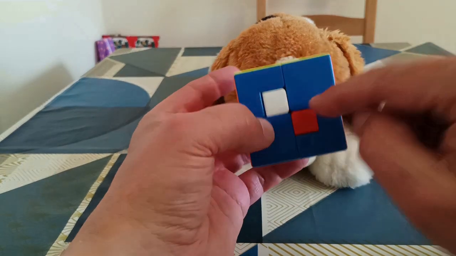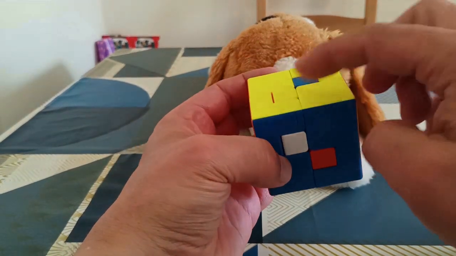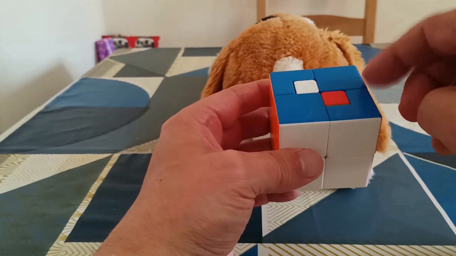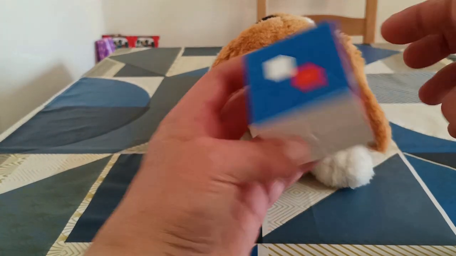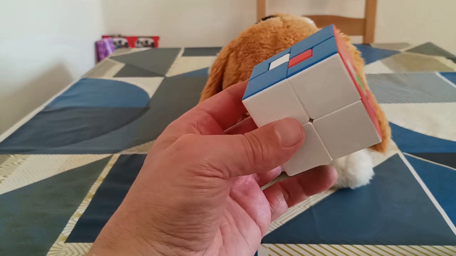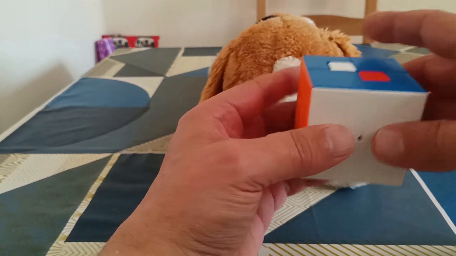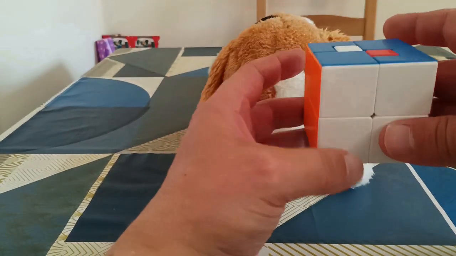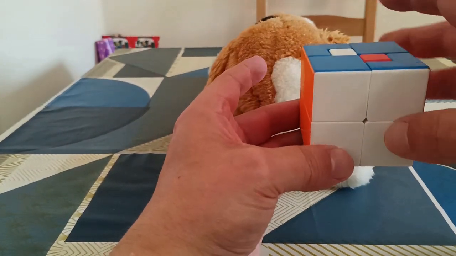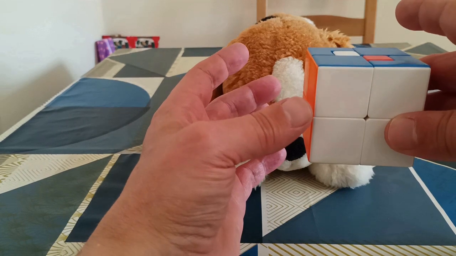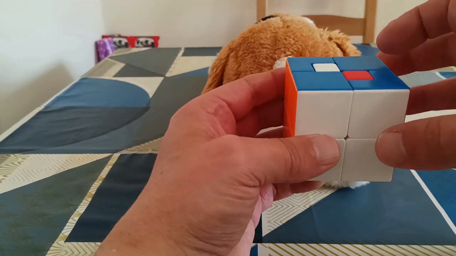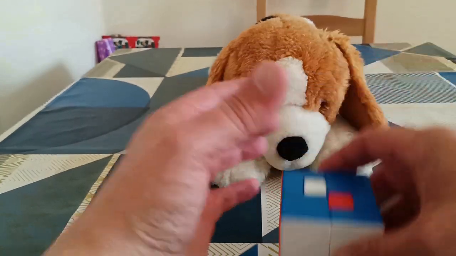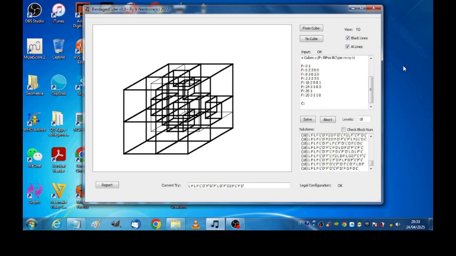And then I'm left with 6 non-hidden edges, and I use algorithm from F1 to F6, one for each of these edges, to flip all the remaining edges correctly. This algorithm will flip one non-hidden edge with hidden edge, and at the end of the process all edges will be oriented correctly.